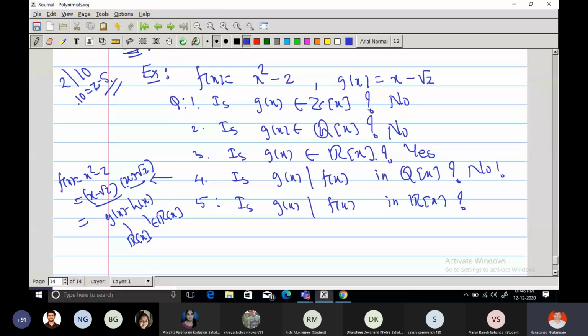So how does the thing change? It depends in which domain you are going to divide. This question is exactly similar to: does 2 divide 5 in Z?